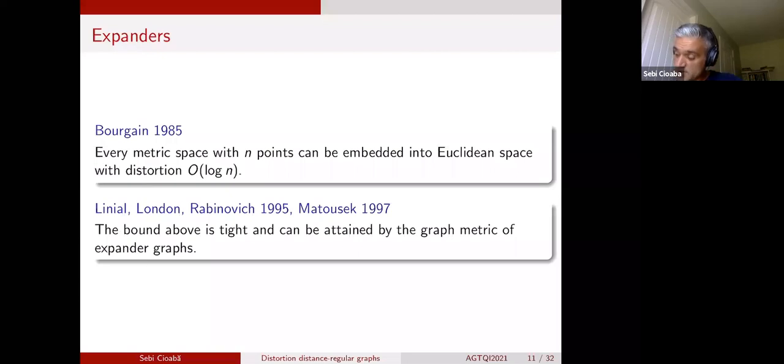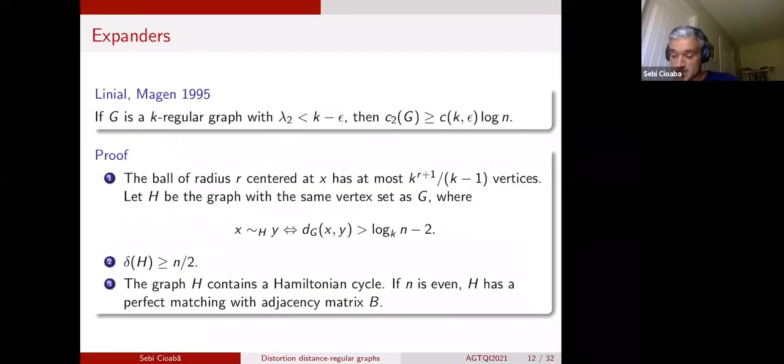The following is the easiest proof that I can understand, and it's a proof due to Linial and Magen. They have a paper in '95 in JCTB, and I like it because it deals directly with eigenvalues. They prove that if you have a k-regular graph, again with n vertices, and you have a spectral gap epsilon, I use their notation, but don't think of epsilon as being small; think of epsilon as something that does not depend on n.